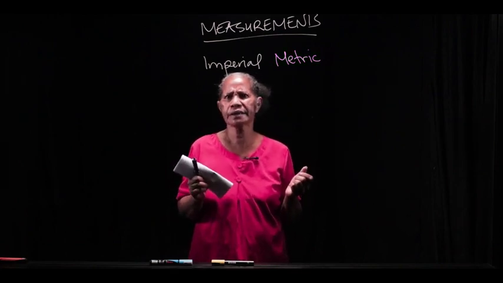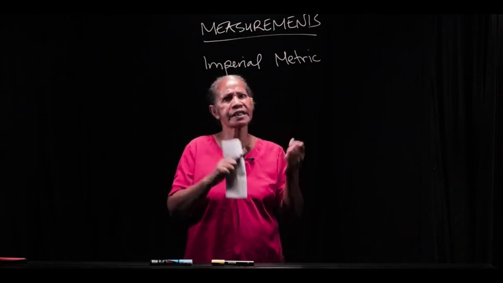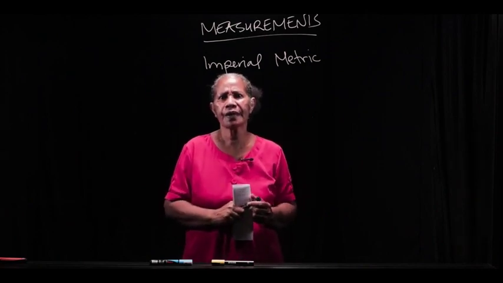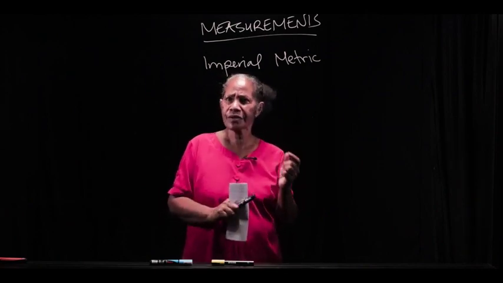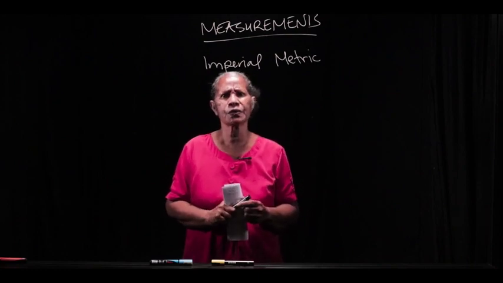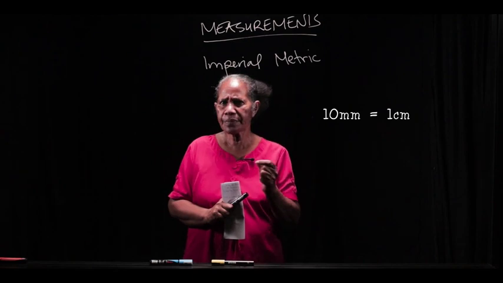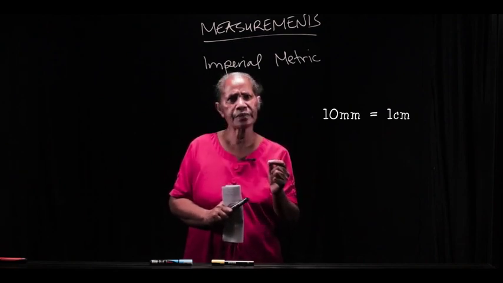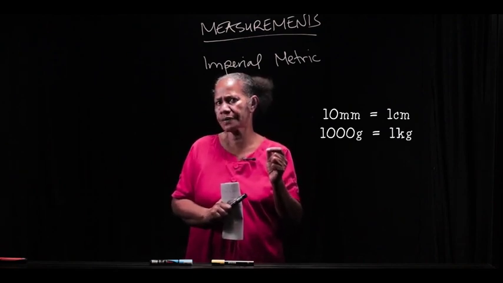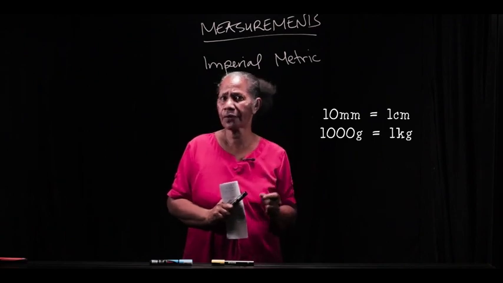Why is that? There must be a reason as to why they have decided to use the metric system. The reason is the metric system is very easy to use because it uses a base of 10. For example, 10 millimeters is equal to 1 centimeter, and 1000 grams is equal to 1 kilogram.